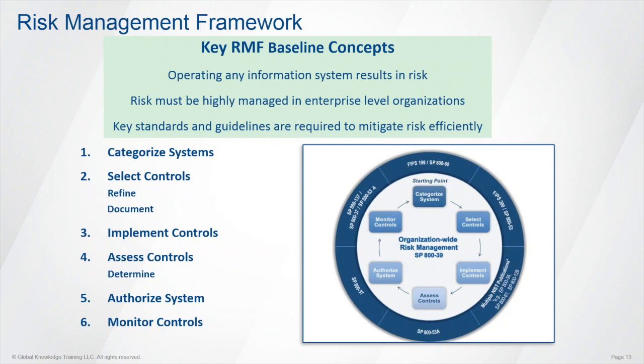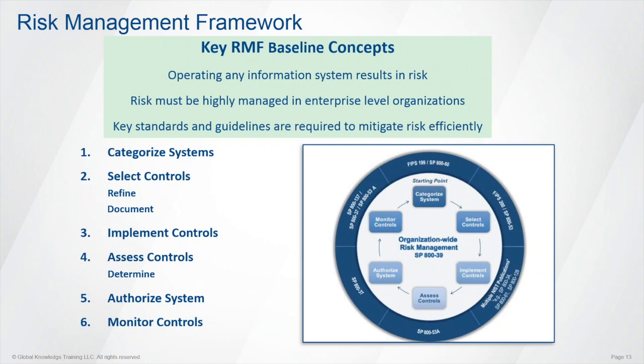They will continue to change over time. Anything that changes anywhere in the system could affect some of the controls that you introduced to reduce risk, and in fact could offset these controls. So you've got to continue monitoring that. And then this cycle starts again. You categorize the system, et cetera. Now in the circle you see there are some of those special publication documents and FIPS documents outlined as well around the circle.